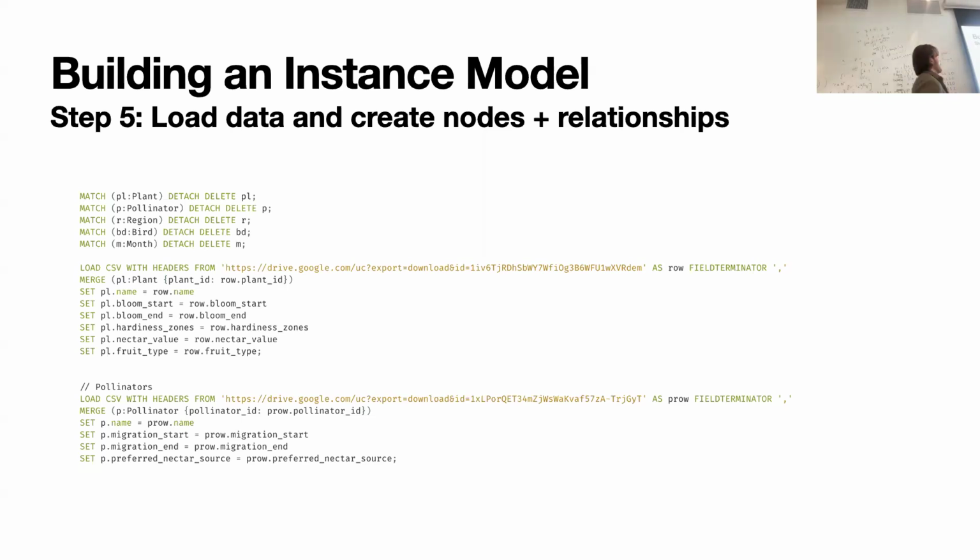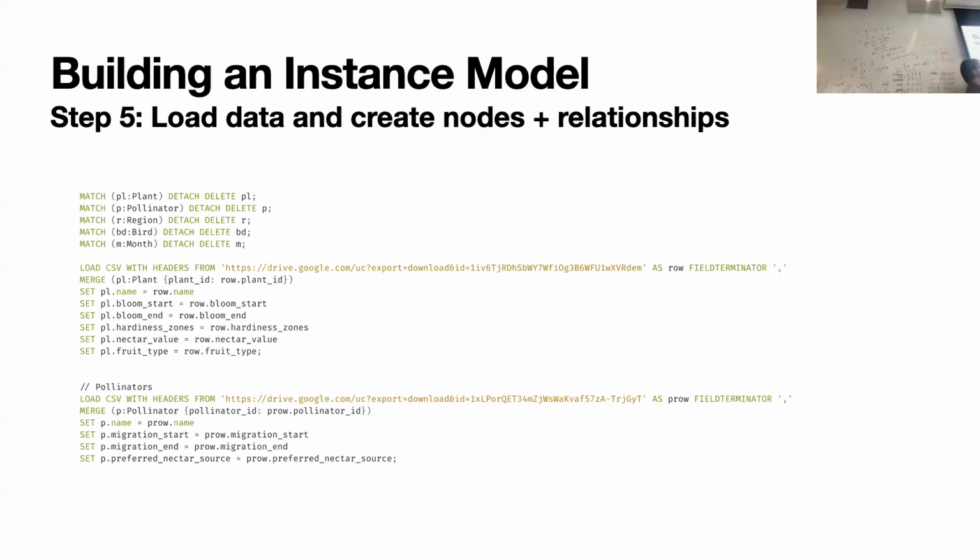This first section is importing all of the plants, creating those plant nodes and setting the properties. This is our CSV file that has all of our plant data. We're creating a node using the MERGE keyword of type Plant, and we're going to put the property value plantID as row.plantID.